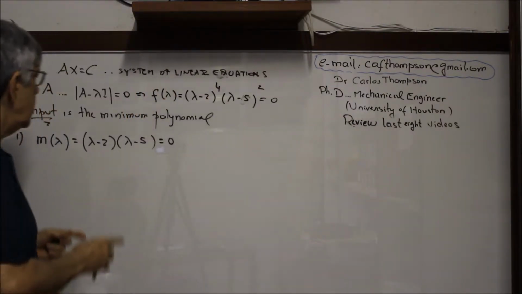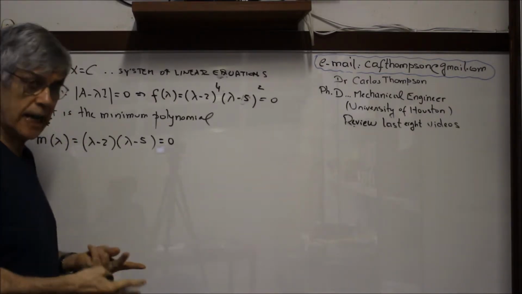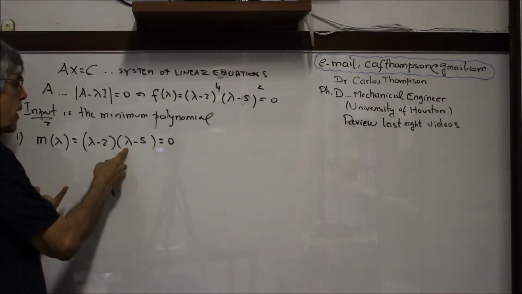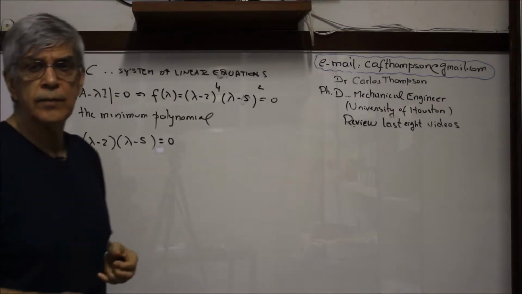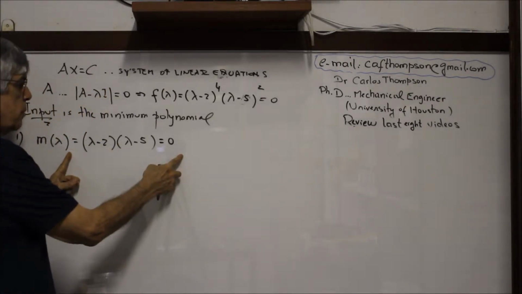Clear? For a given A, somebody made a test, and A minus 2I multiplied by A minus 5I was found to be the 0 matrix. Then somebody wrote this minimum polynomial.